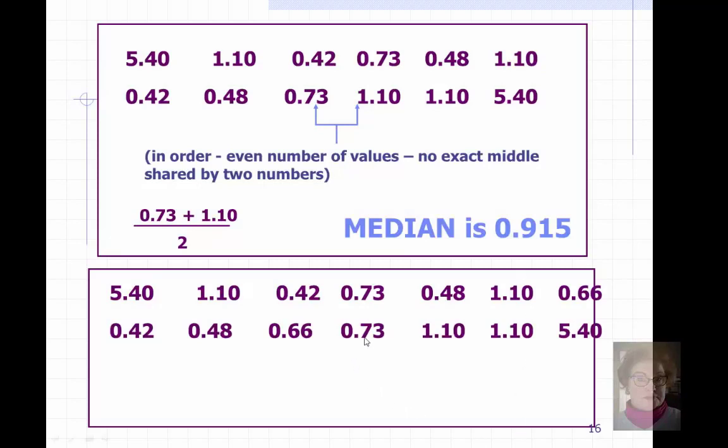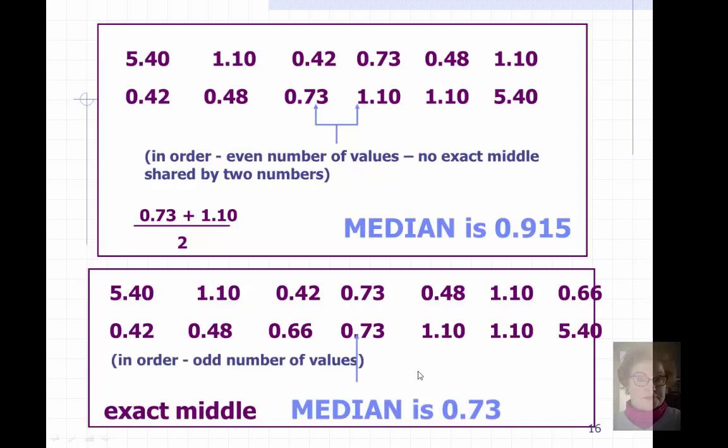So my median is going to be 1, 2, 3, 4 from the bottom, or 1, 2, 3, 4 from the top. It doesn't matter that we have 2 that are exactly the same. So in this one, the median is 0.73. It is a member of our set.